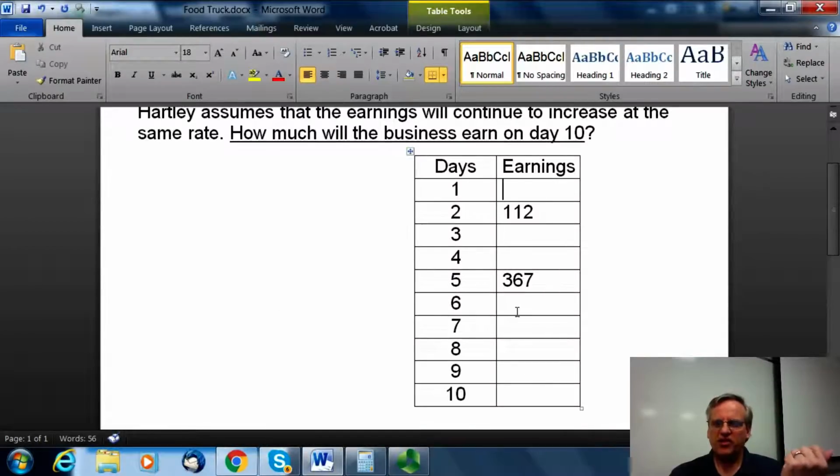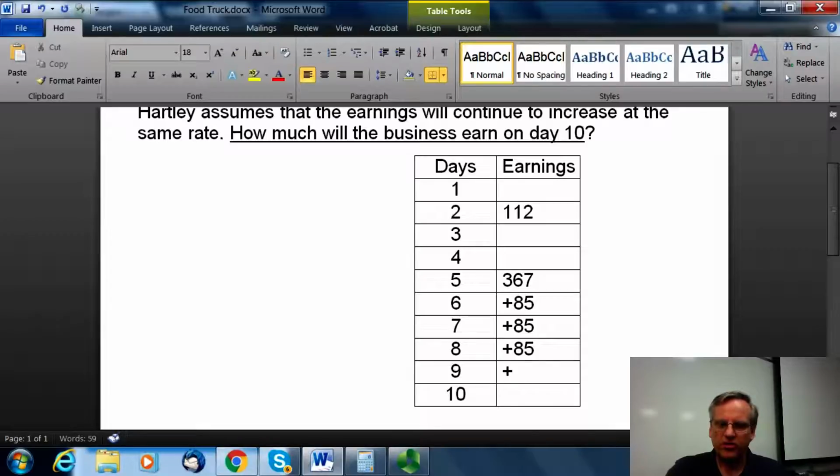So basically it's saying from that 367, each day we're going to have $85 more. We're going to have $85 more for each day, and so on, and then finally on day 10 we can add all that up.